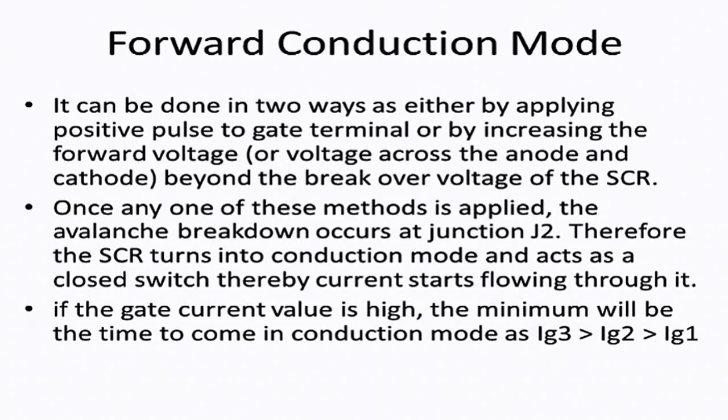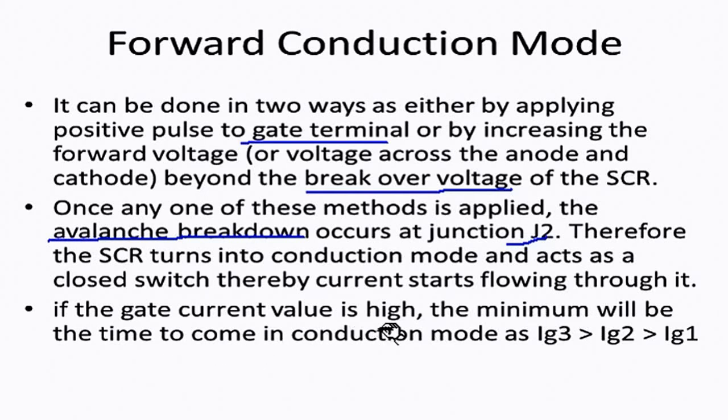Next one is forward conduction mode. This mode can be achieved either by applying positive gate pulse to gate terminal or by increasing forward voltage above breakover voltage of SCR. Once any of these methods is applied, avalanche breakdown occurs in junction J2 and SCR turns on and it starts conducting current from anode to cathode.